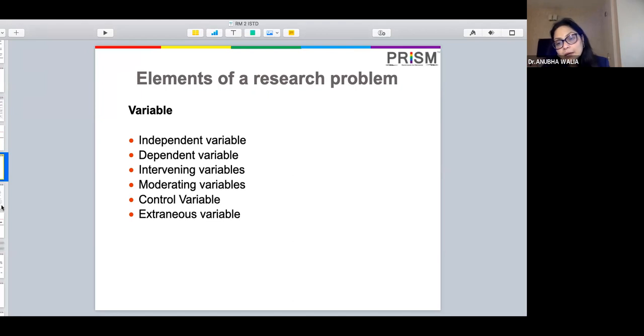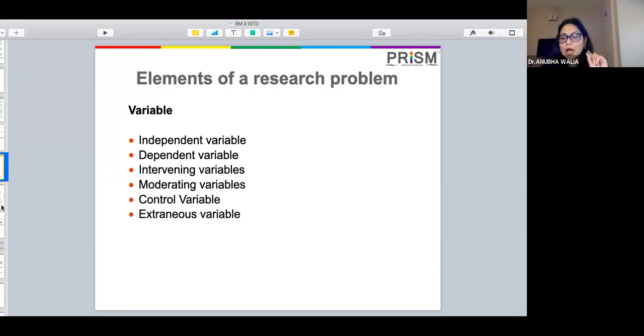So what is dependent now? Just like the way I spoke about the independent variable, the dependent variable is exactly what it sounds like. It is something that depends on another factor.